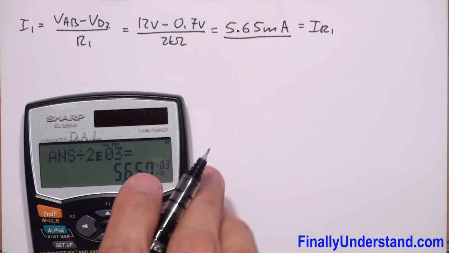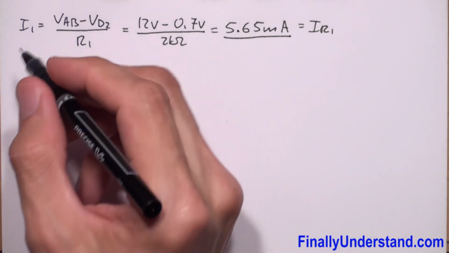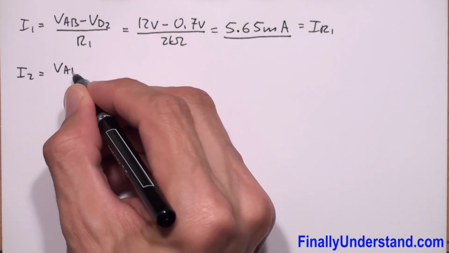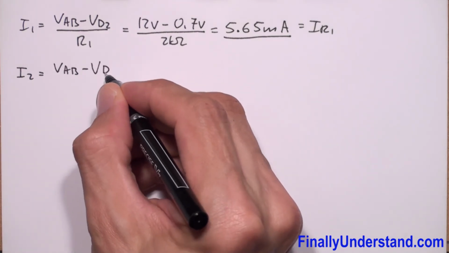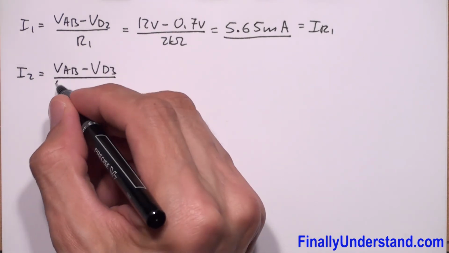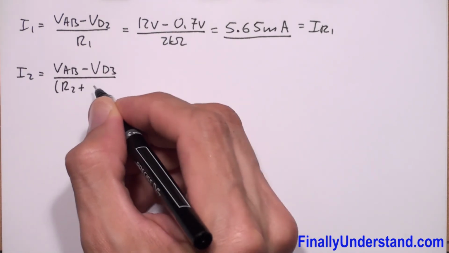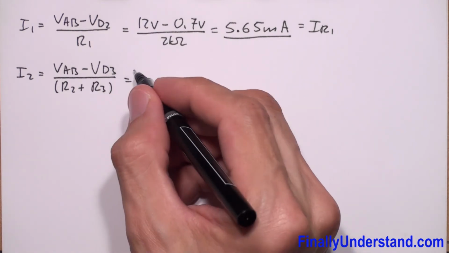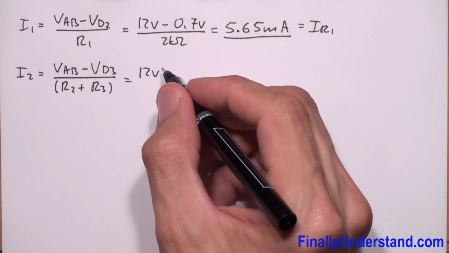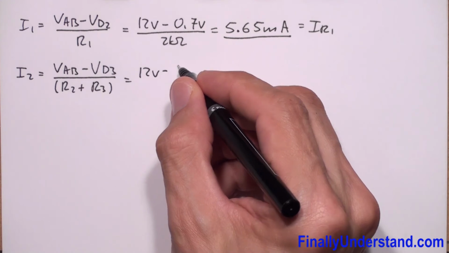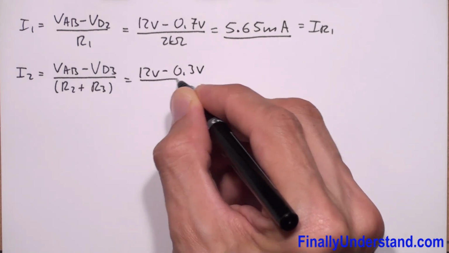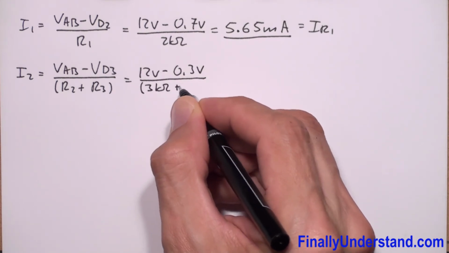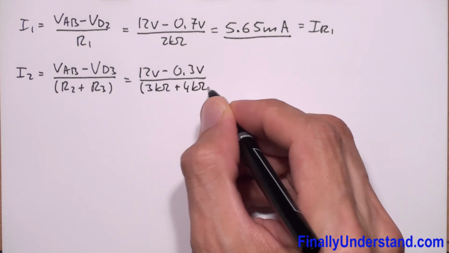IR1. Next, we have the formula for I2. I2 we found is equal to VAB minus VD3 over R2 plus R3. This is equal to VAB we found, 12 volts, minus VD3, the germanium diode, so this is 0.3 volts, over R2, which is equal to 3 kilo ohms, plus R3, 4 kilo ohms.